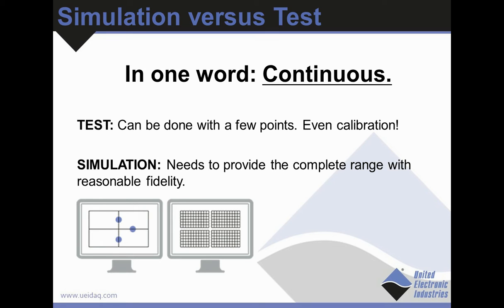Even calibrating an RTD input system you can do in 2 or 3 points. Simulation needs to provide the complete range of the input, and also with reasonable fidelity. You can't test a control algorithm for a heat control system very effectively if you only have the ability to simulate 0 degrees and 100 degrees. You need much more resolution than that.